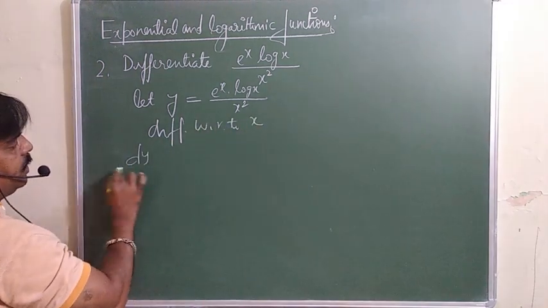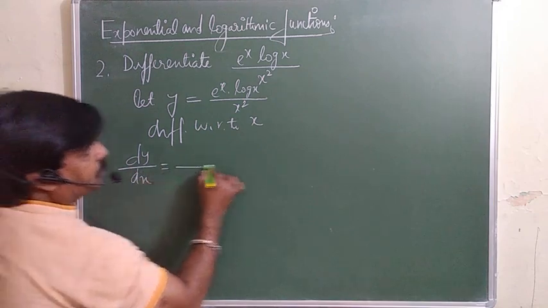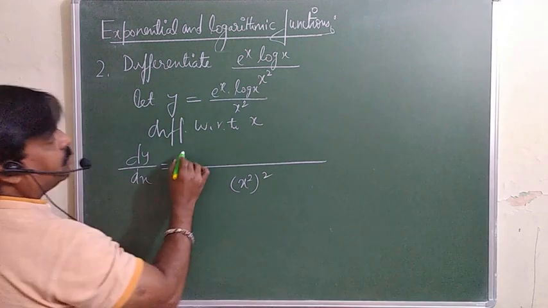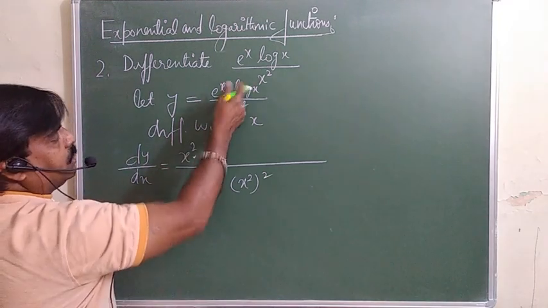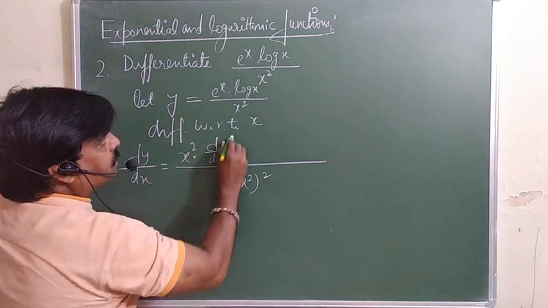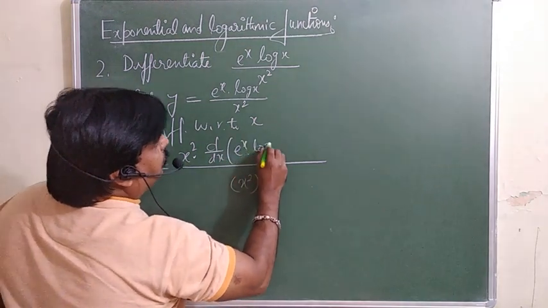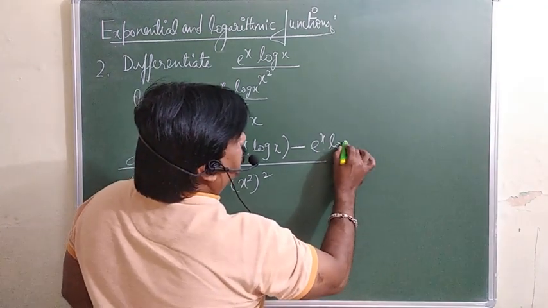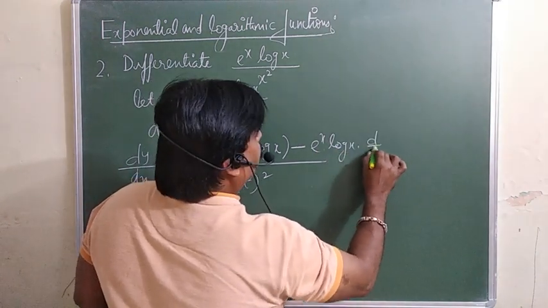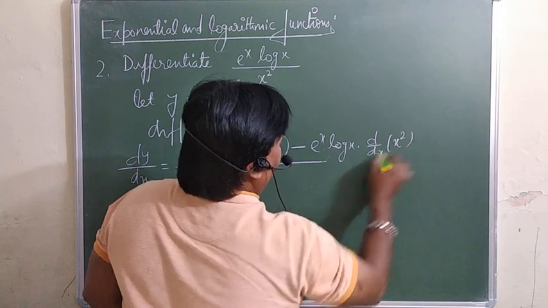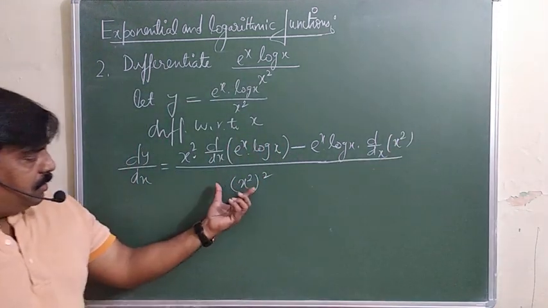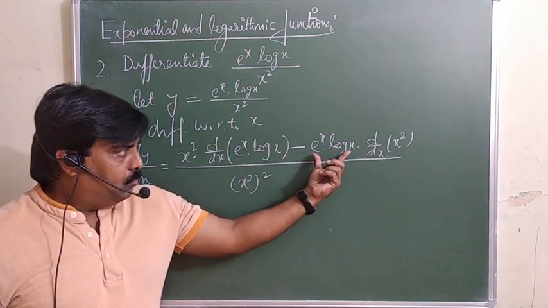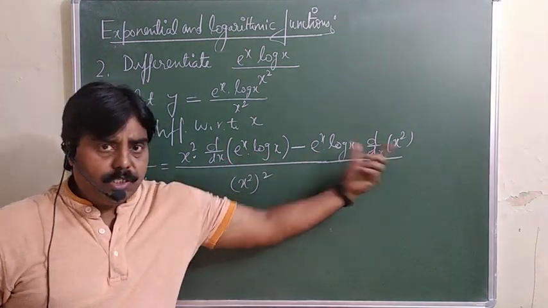So dy over dx is equal to, see, quotient rule: denominator square, denominator into derivative of the numerator d over dx of e raised to power x into log x, minus numerator into derivative of the denominator. Simple. Here it means denominator square, denominator into derivative of the numerator minus numerator into derivative of the denominator.